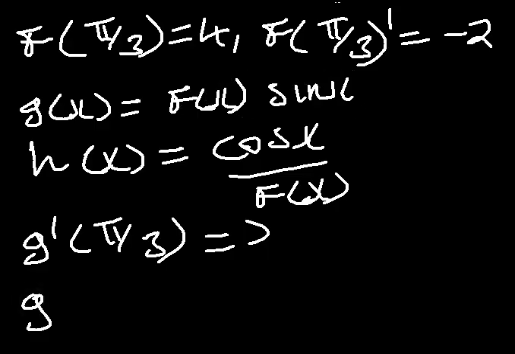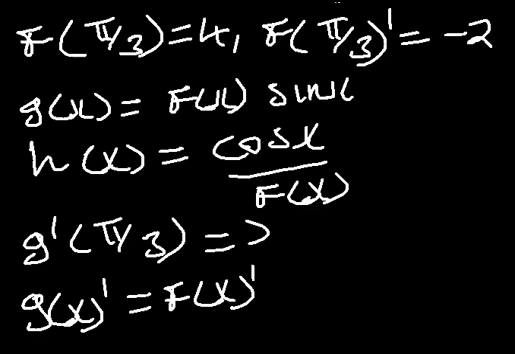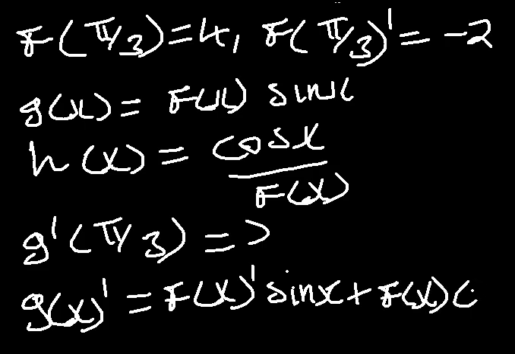Which means g prime of x will be given as f prime of x times sine x, plus f of x times cos x, like that.